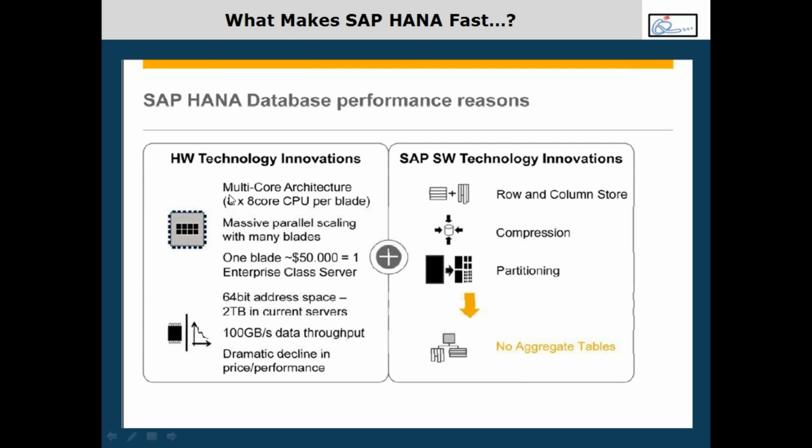Out of this, first is multi-core architecture, multi-core parallel processing, and then storing your data in main memory. From the hardware perspective, there are two things really affecting the performance: the multi-core massive parallel processing, and storing data in your main memory.